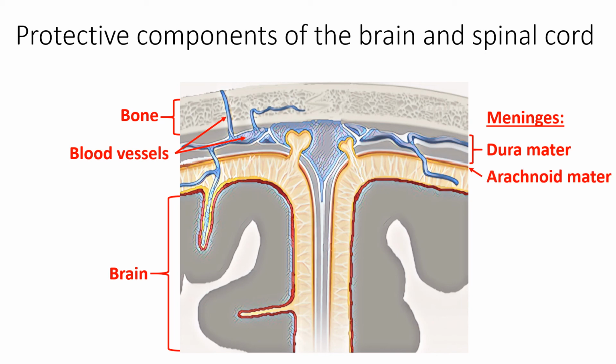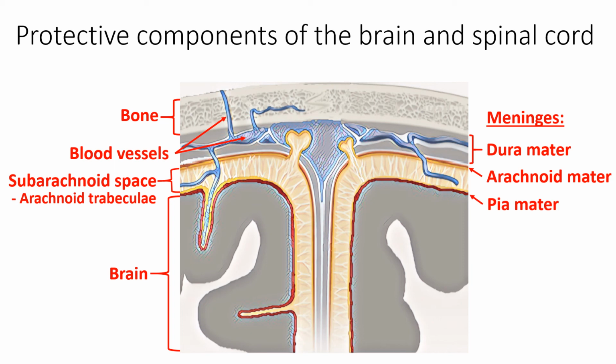Arachnoid mater is right underneath dura mater, so it is the middle protective membrane composed of thin fibrous tissue that forms loose sac around brain and spinal cord. Right underneath there is subarachnoid space composed of filamentous mesh called arachnoid trabeculae, which looks like a spider web. This space is filled with cerebrospinal fluid, which provides liquid cushioning to the brain and spinal cord.